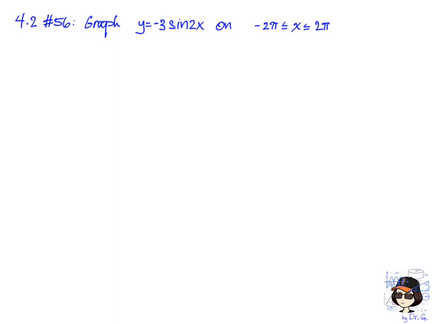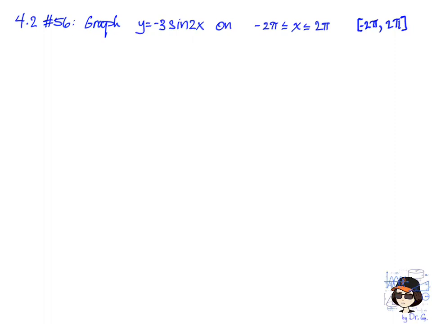Another way to write that without the less than or equals symbols would be like this. It's the interval from negative 2 pi to positive 2 pi with square brackets. So that is not the period. That's not even one cycle, but that's what the book is asking you to sketch the graph of.